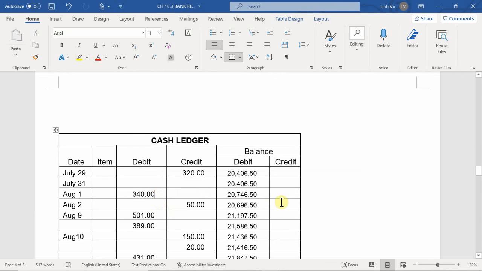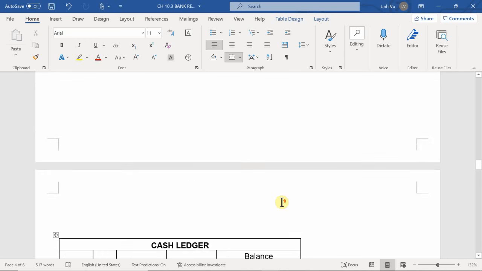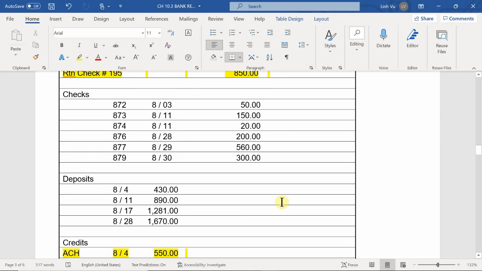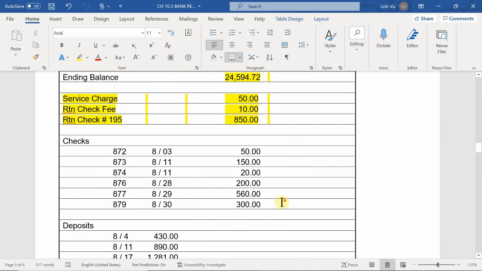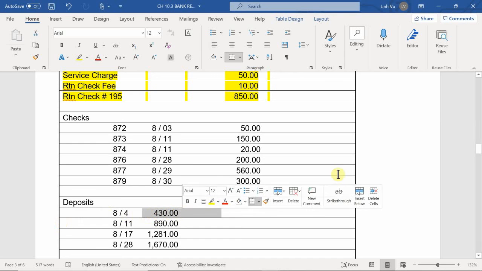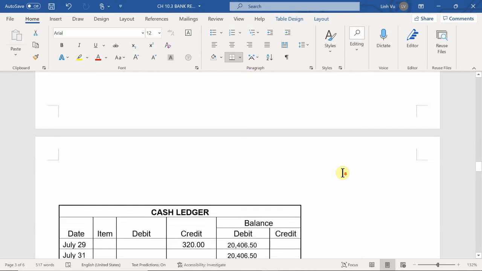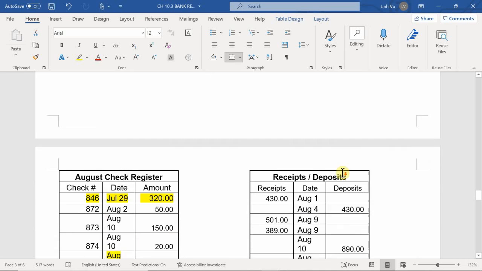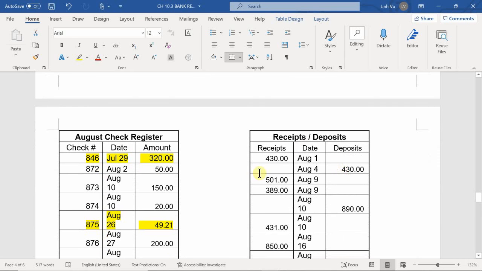Okay? So then, next thing is I deposited $340. Now let's check. Did I actually make a deposit for $340? No, I deposited $430. So let's check my deposits real quick. Here we go.